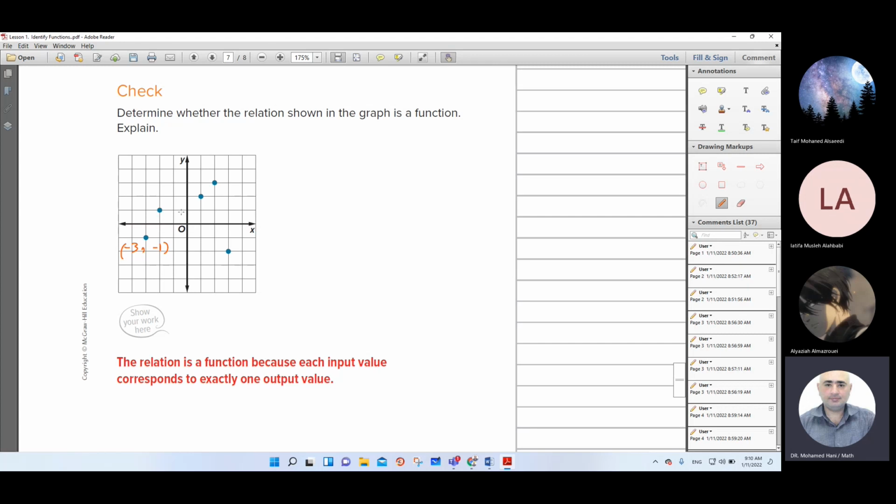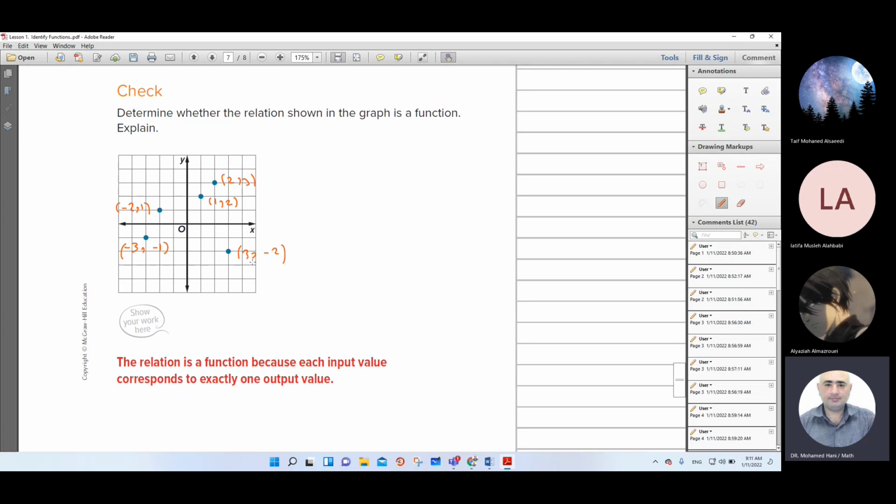And here negative 2, 1. And here 1 and 2. And this point 2 in x and 3 in y. And this point 3 in x and negative 2 in y.